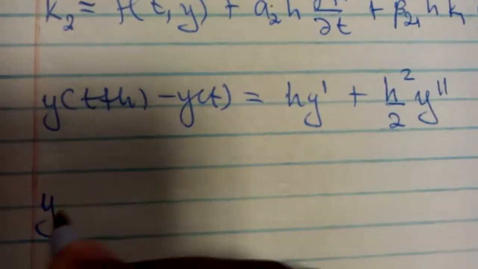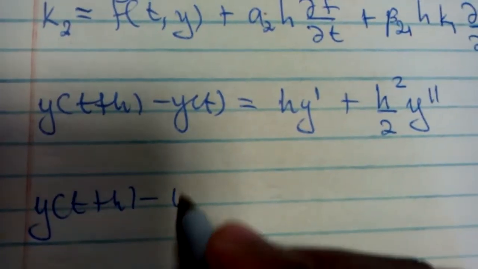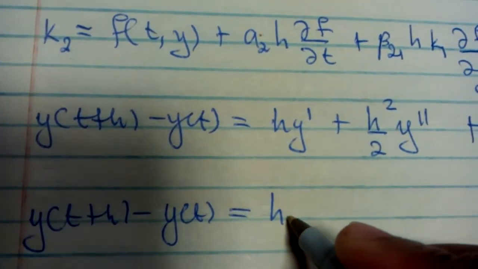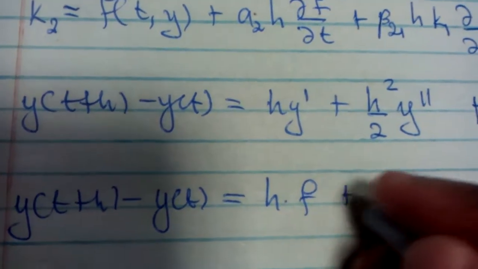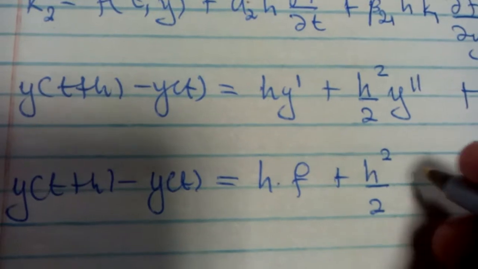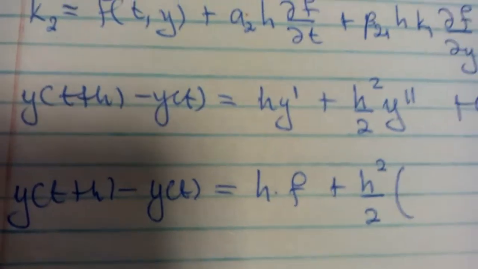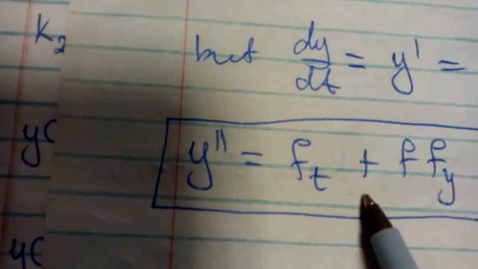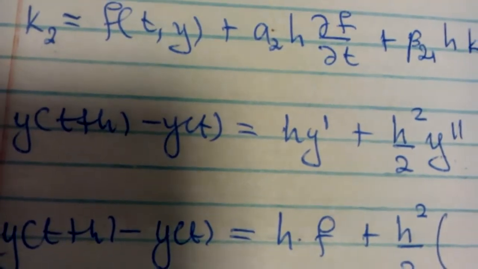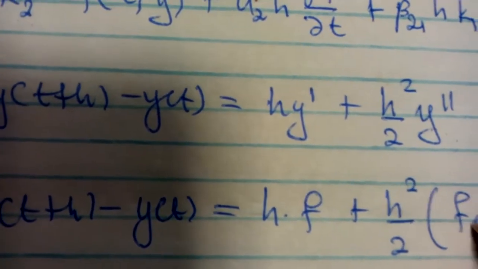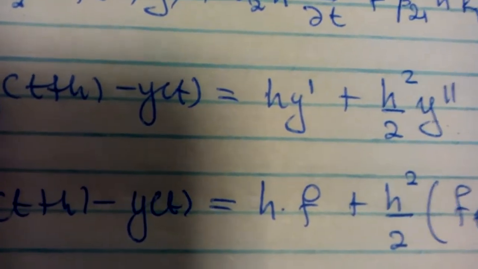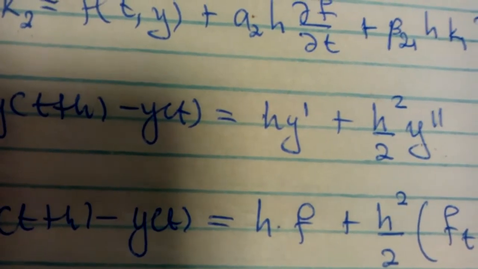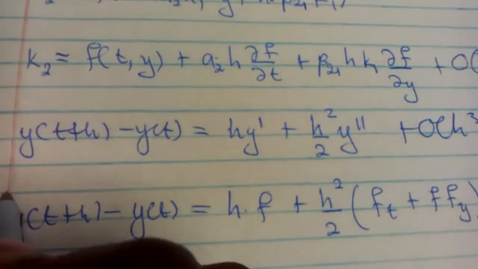This reduces to y(t plus h) minus y(t) is equal to h times f plus h squared over 2 times y double prime. Y double prime is nothing but f_t plus f f_y, plus those other higher order terms. I think I need to box this.